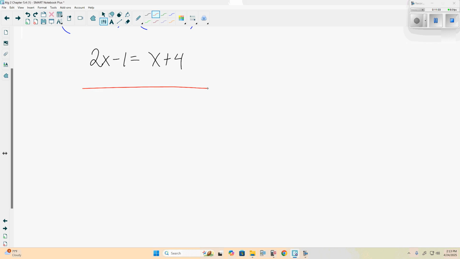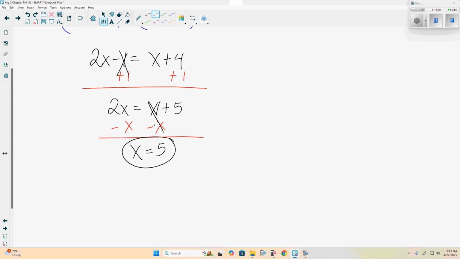We can add 1, and then we would minus x. 2x minus x is x equals 5.